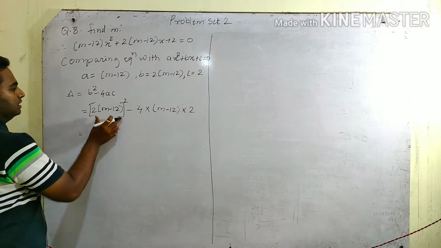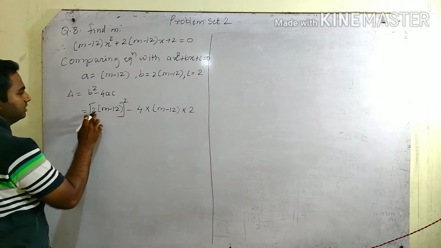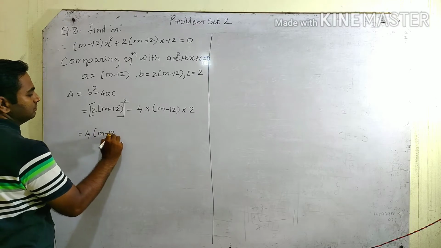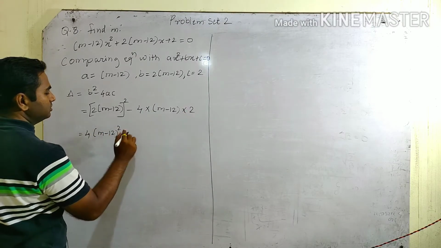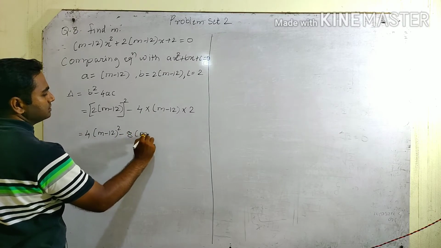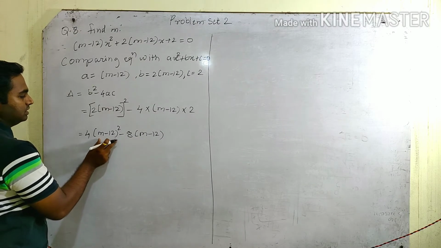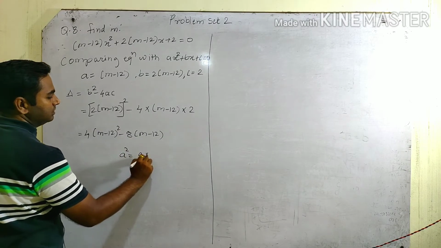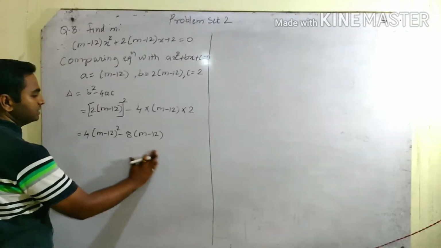Here a square bracket is there, so we square both terms. So 2 square is 4 and (m minus 12) square, minus 4 twos are 8 (m minus 12). Now we can use the formula: a square means a multiply a. So we write this (m minus 12) 2 times.